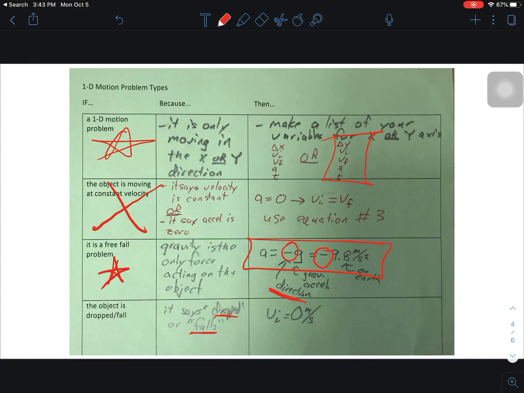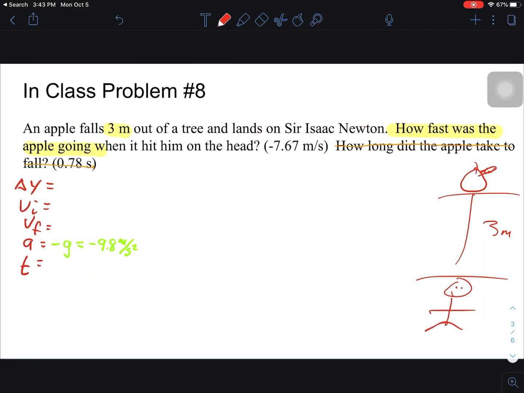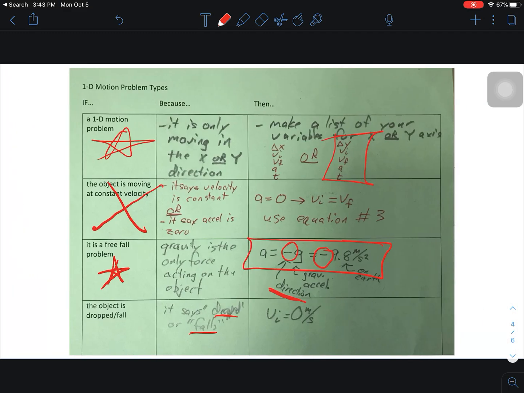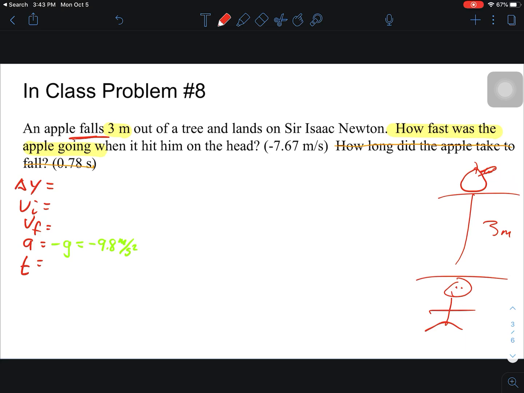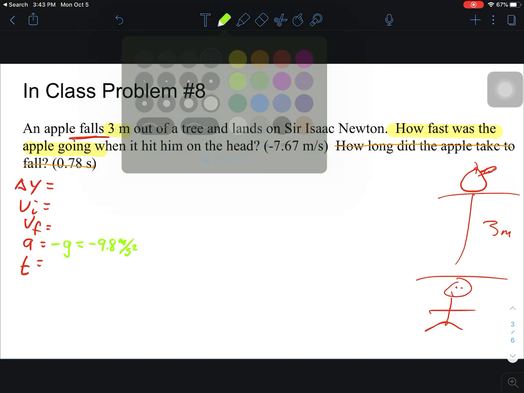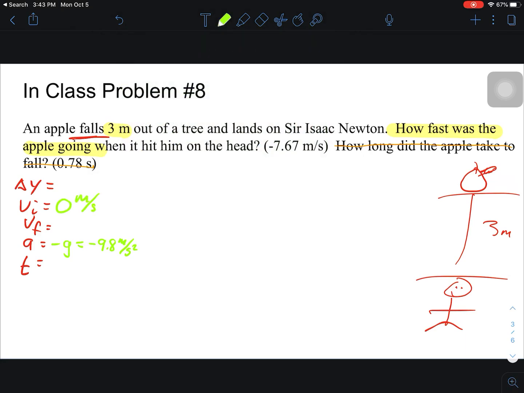And the answer is yeah, right? It says it falls out of the tree. So because of that, yes, we can say that my initial velocity of my apple is 0 meters per second. Those are numbers we can get from the problem types.